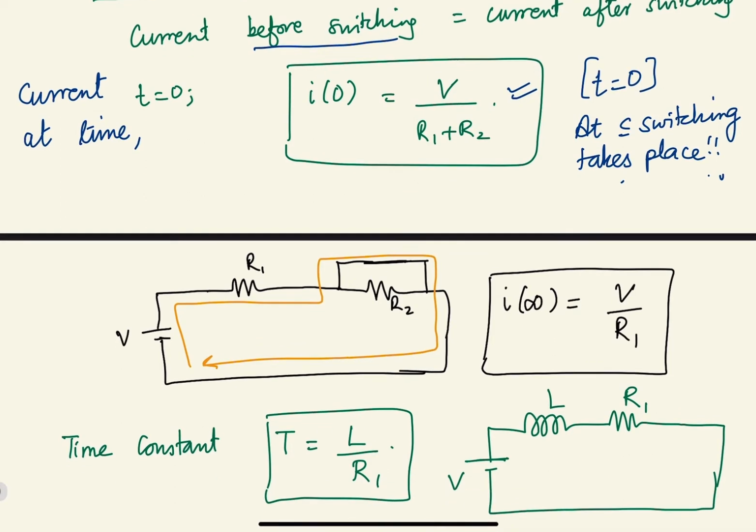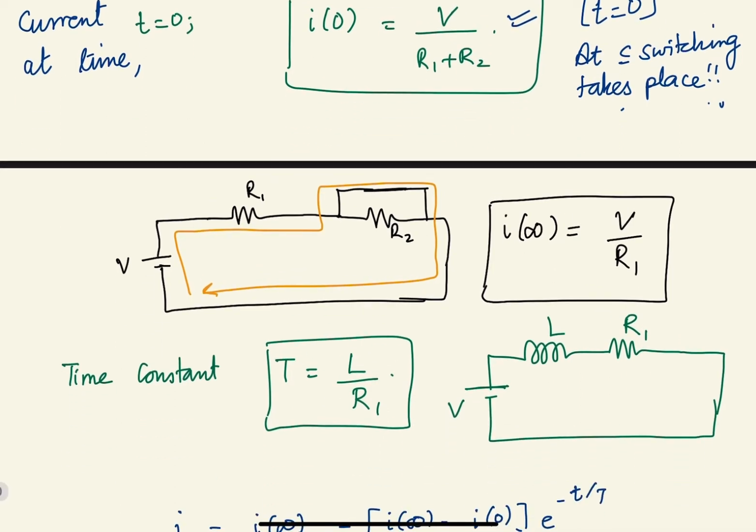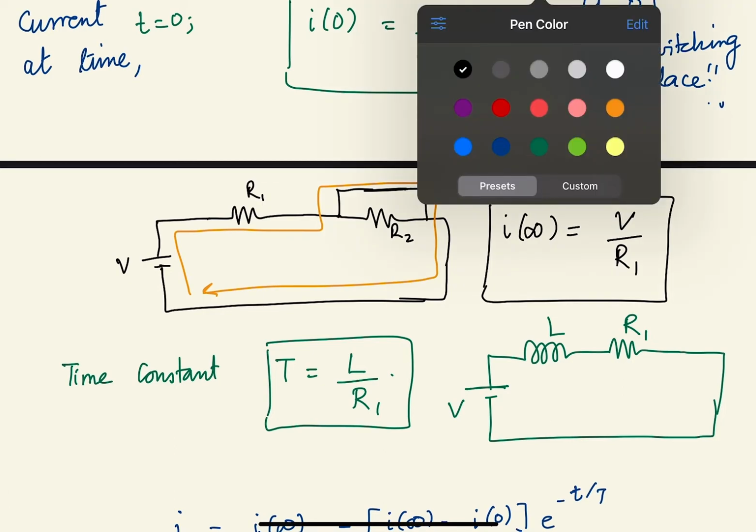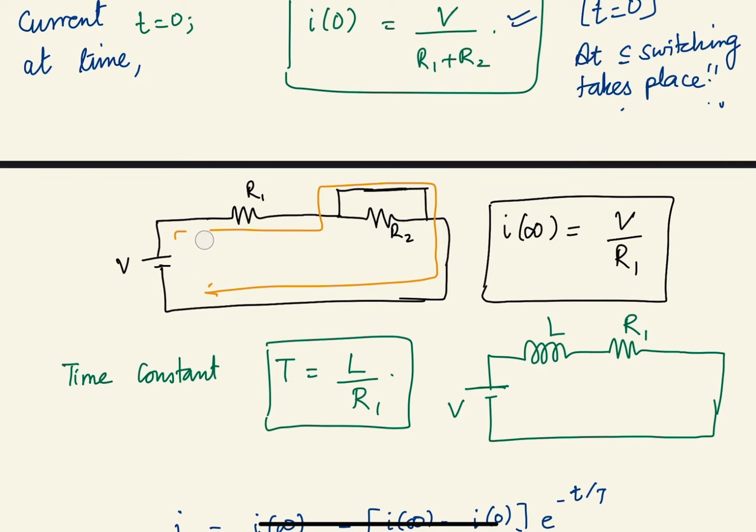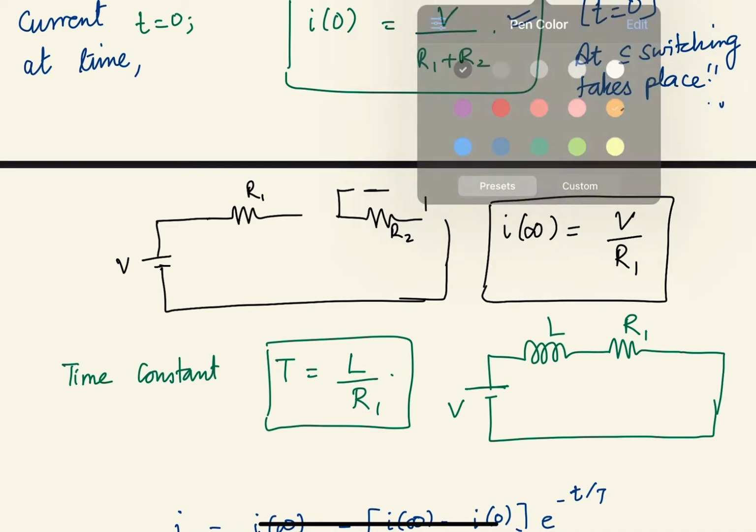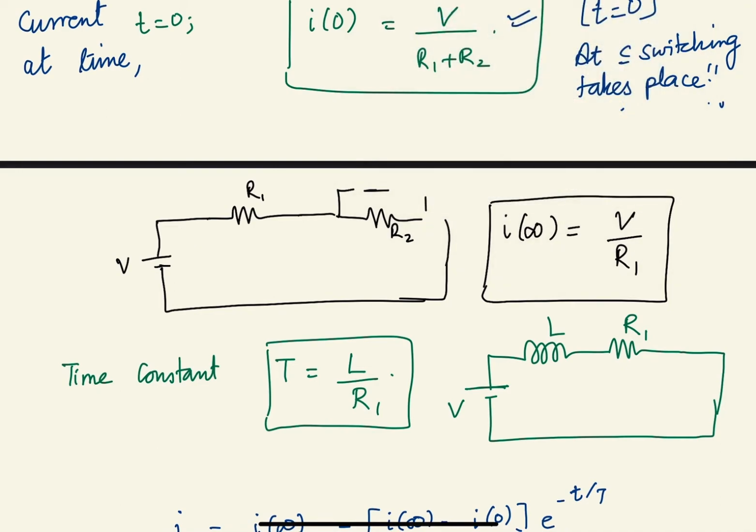So when the switching happens, what happens to the circuit? If you look at this diagram now, let me remove this orange mark here so that you understand clearly. So when the switch has been turned on, what happens?